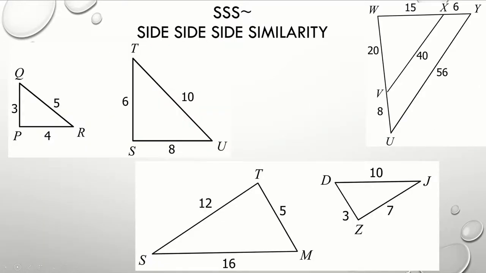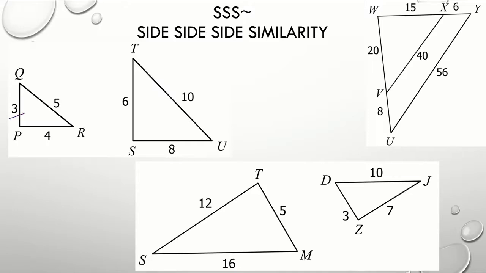Alright, so moving on. For side-side-side, we have to check all three sides, and we have to check whether they are similar or not. Here is a perfect example of why we have to determine what side matches with what side, right?